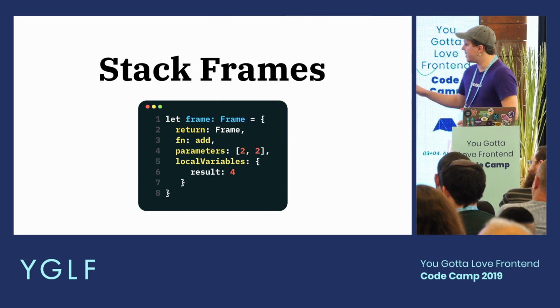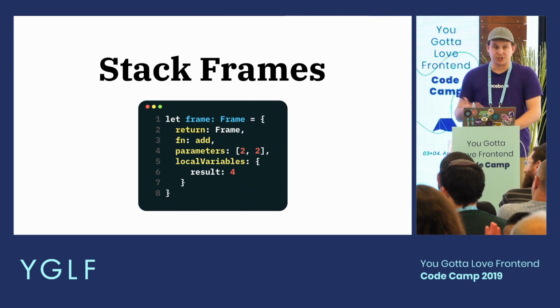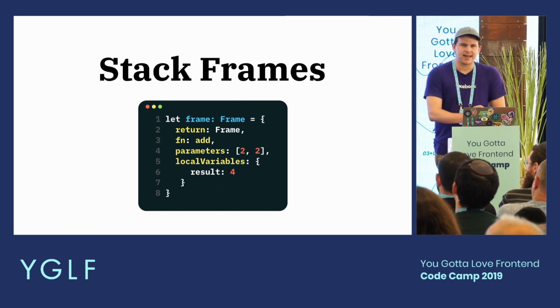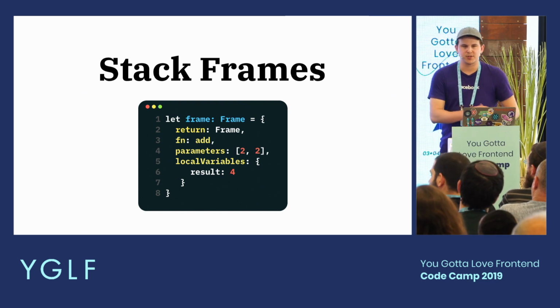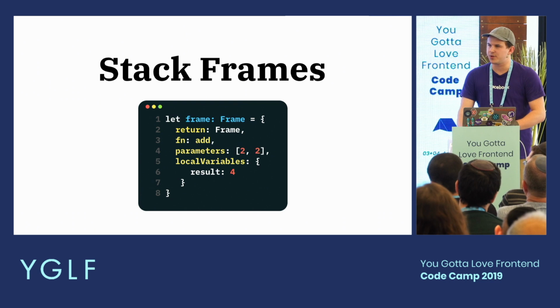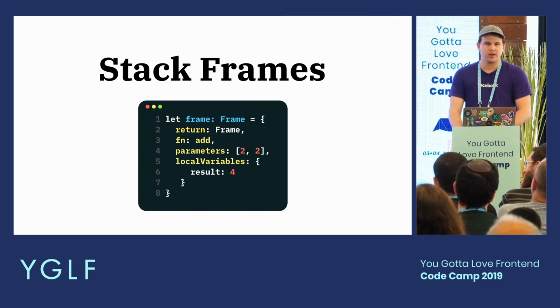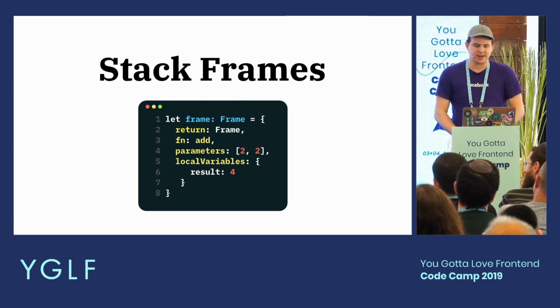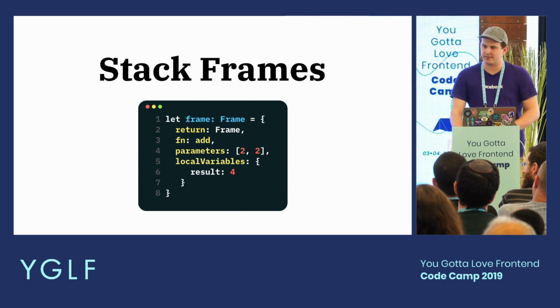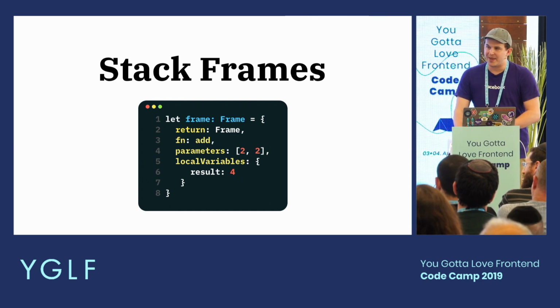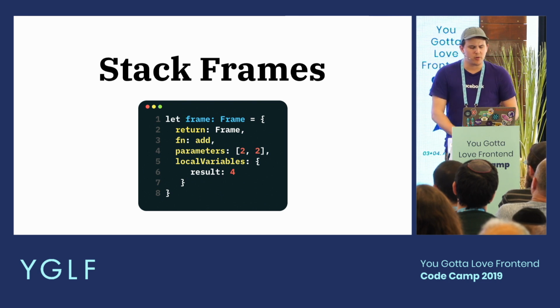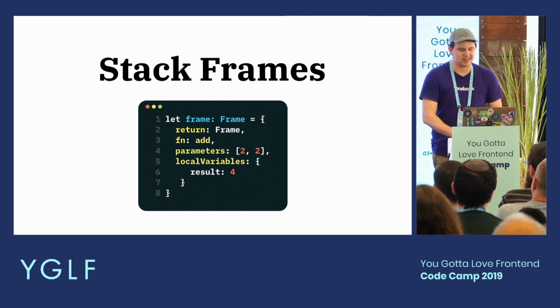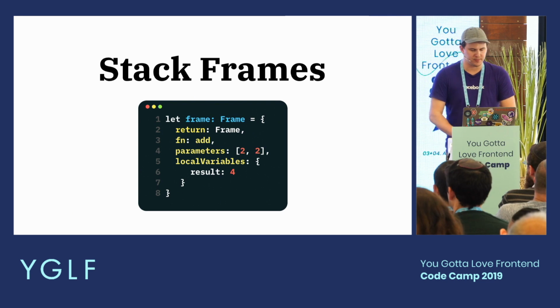Here, I've represented the stack frame as a JavaScript object, but it's actually really important to note that stack frames aren't things that you can access or use in JavaScript. You can't control them. They're completely internal representations in the JavaScript engine itself and are created and managed implicitly as our program executes. So there's no way for the JavaScript program itself to access or use these stack frames.